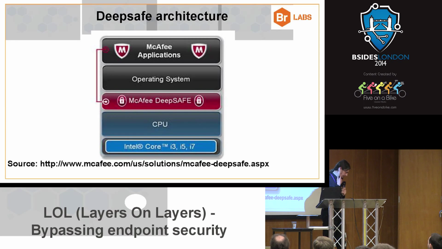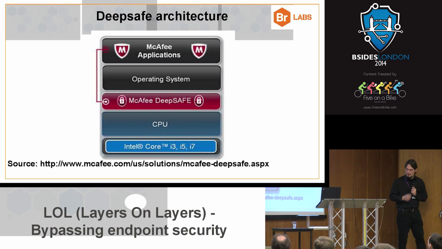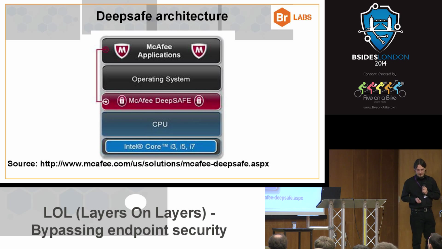And how to beat it? I think the only reliable way to beat it is by using virtualization, and McAfee DeepSafe does exactly that. How DeepSafe works is that it actually deprivileges the whole operating system. It turns the entire operating system, including the kernel, into a virtual machine.